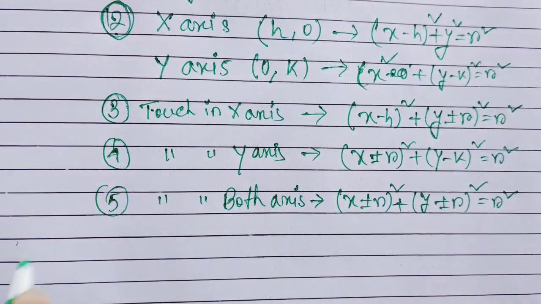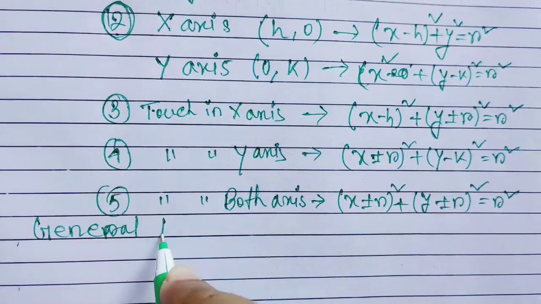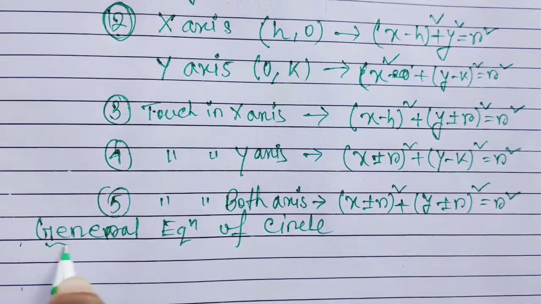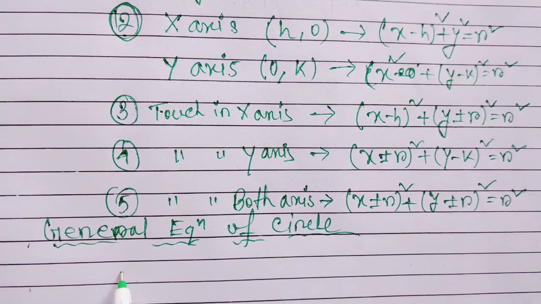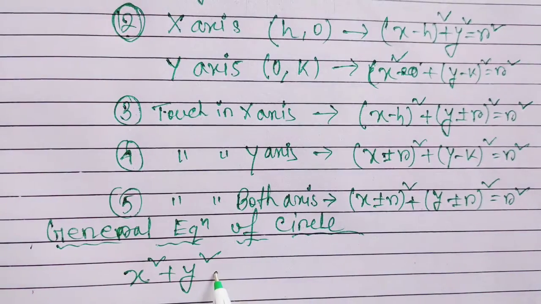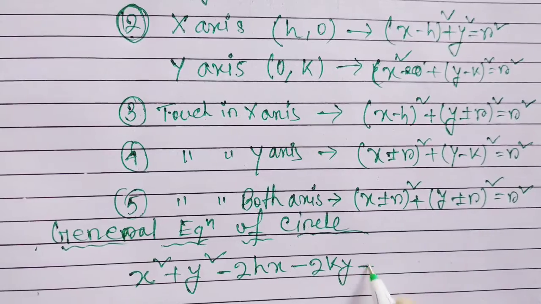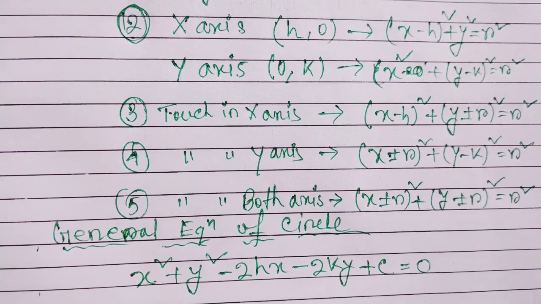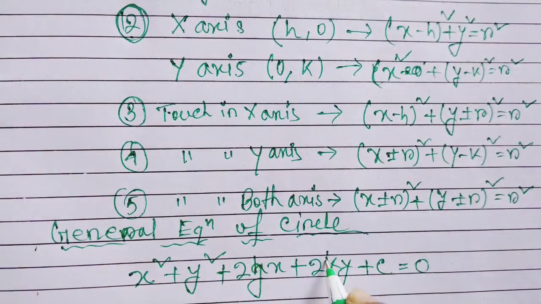Now we have to know the general equation of a circle, and this is the most important. The general equation of a circle will be x square plus y square minus 2hx minus 2ky plus c equal to 0, or it can be written with 2g x and 2f y.